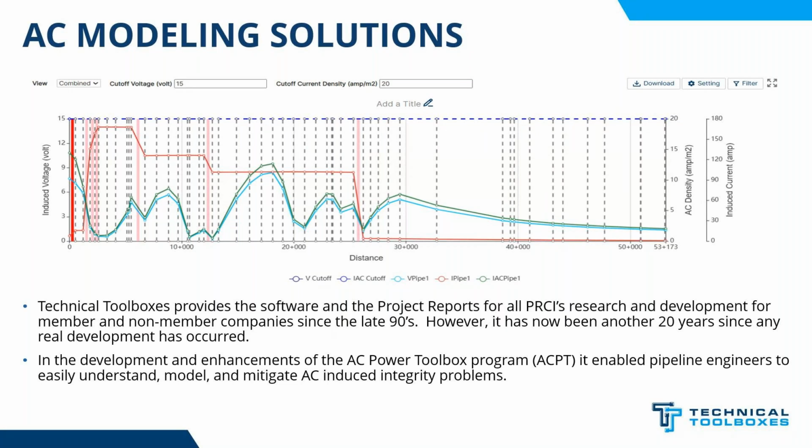DC current density impacts what you should be looking at for your AC current density. If it's greater than 1 amp per meter squared for DC, then you better start using 20. And if you're up that high, that means you're in trouble to begin with trying to protect your pipeline. So that's another problem. It's like the dog chasing his tail.